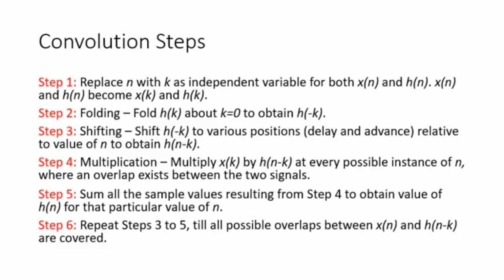Now the steps for performing the convolution are very simple. We have two signals, x[n] and h[n], the input and the impulse response. We first of all start calling x[n] as x[k] and h[n] as h[k].